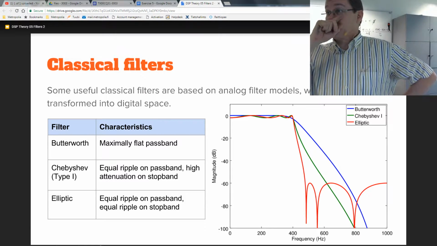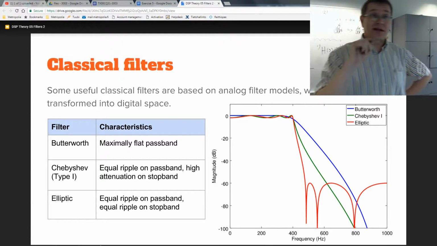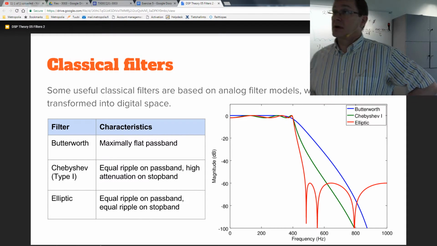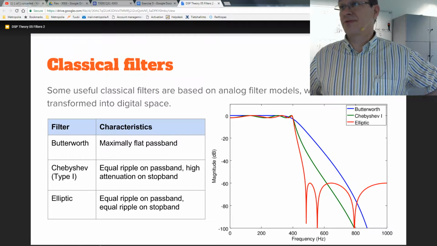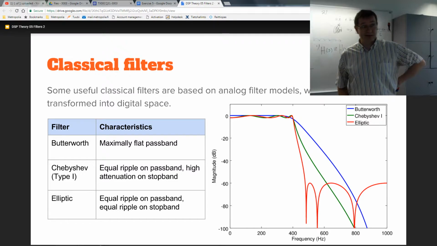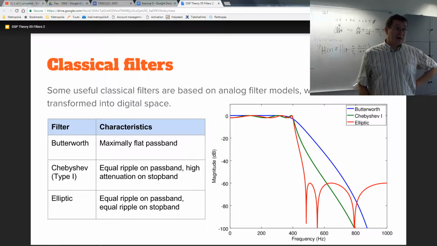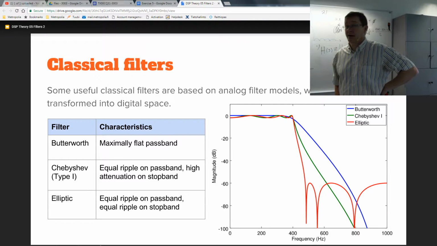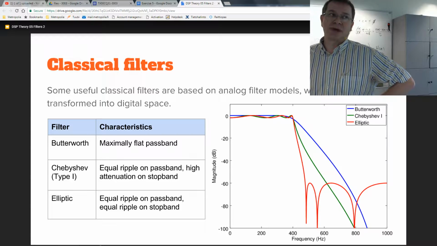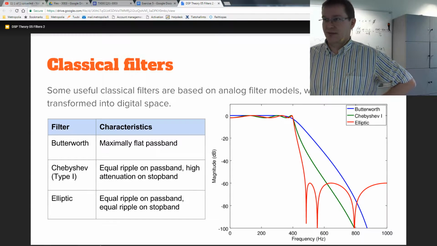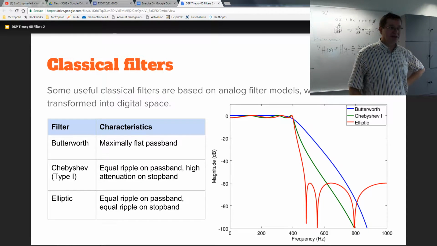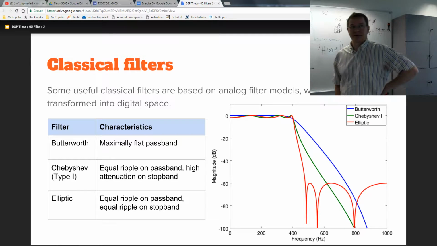The classical filters. I mentioned the classical filters on this bilinear transformation. Fundamentally, those three filters are the most used filters. There's also the fourth one, which is the Bessel filter. It's nearly linear phase response, but when you do the bilinear transformation, it's nothing like that anymore. So only those three filters are actually recommended as a starting point.